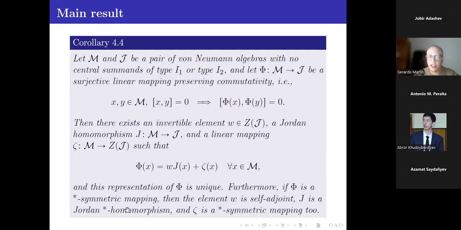Furthermore, if phi is a star symmetric mapping, then the element is self-adjoint, the homomorphism is a Jordan star homomorphism, and theta is a star symmetric mapping too.